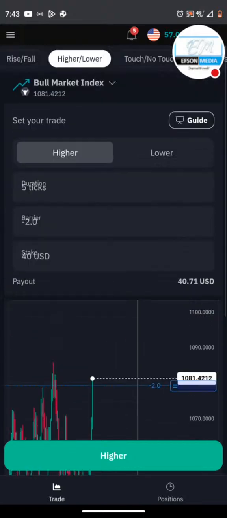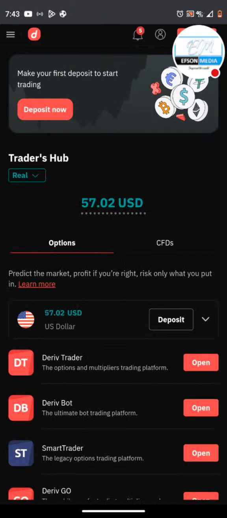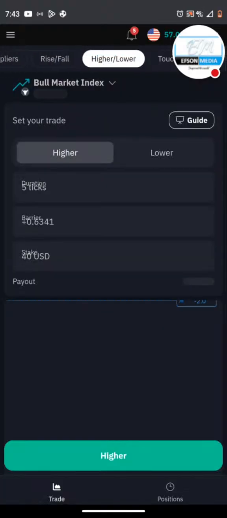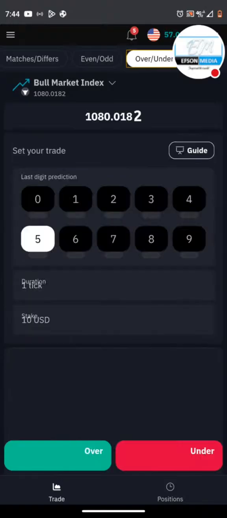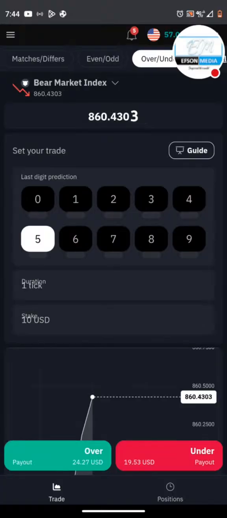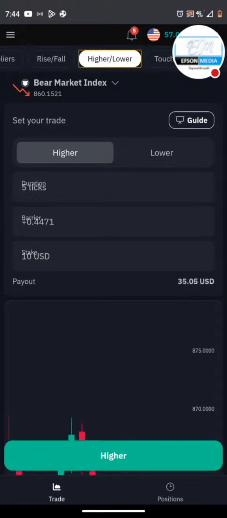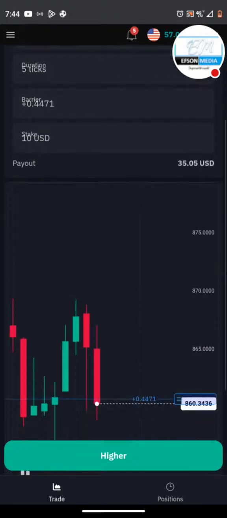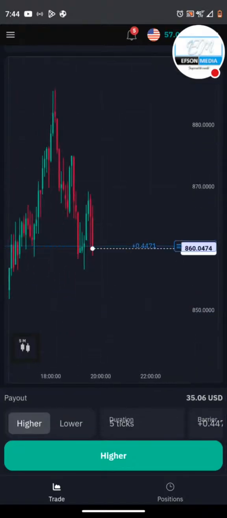So this is the bull market index. You also have the bear market index. Go to the last one and select. You have the bear market index, and select the higher and lower. The bear market index too is here.